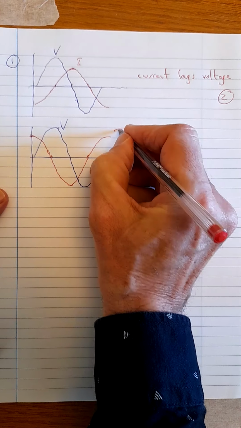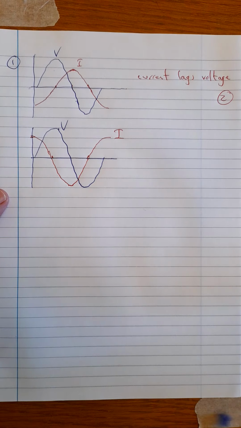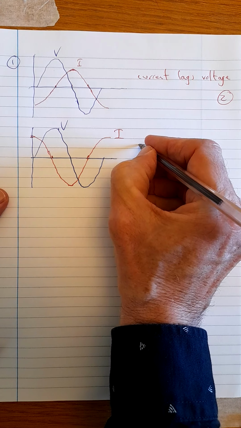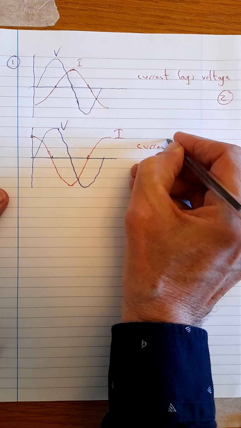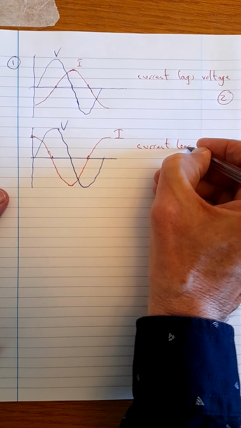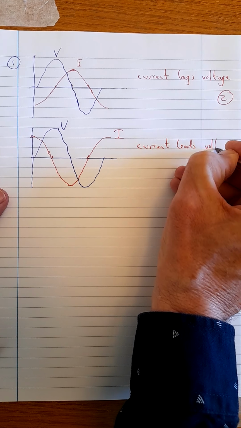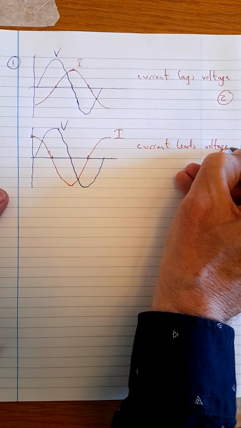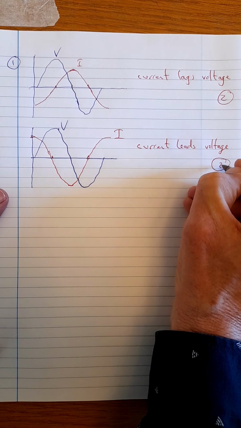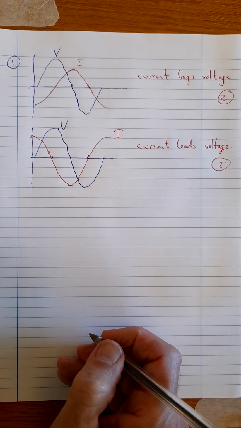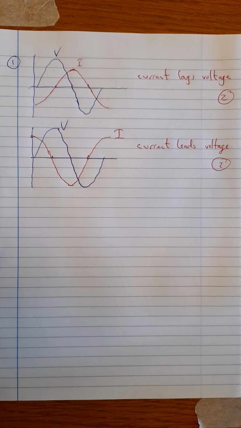So there's the current. So in a capacitor, current leads voltage. Again, 2 marks. I've maybe been generous there, but I've just invented the marks. You have no idea what EAL are going to give you for marks.